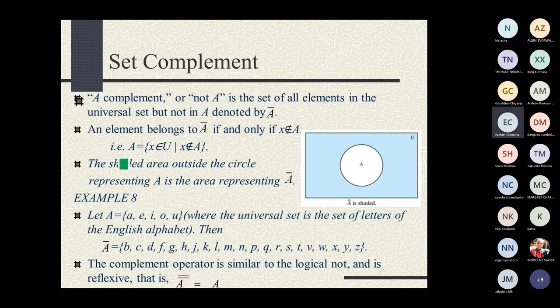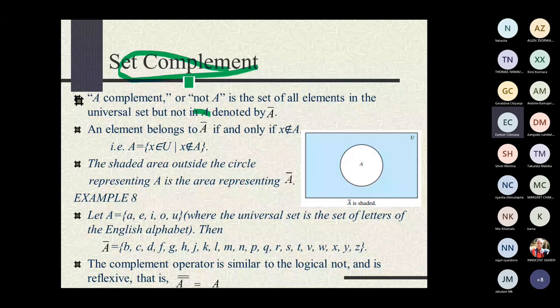Then there's what you call a set complement. Take note of this. So the complement of A, or not A, is the set of all elements in the universal set but not in A, which is denoted by A bar.